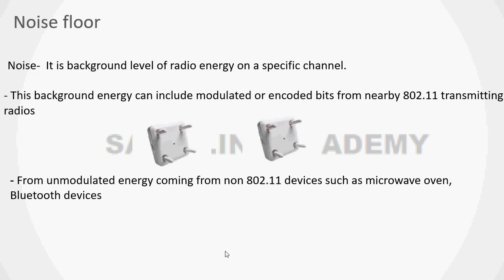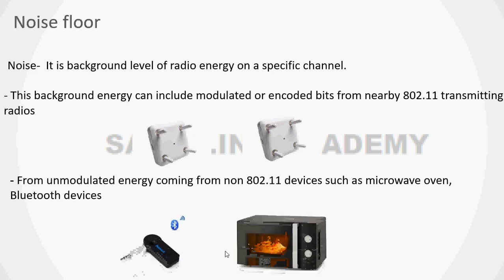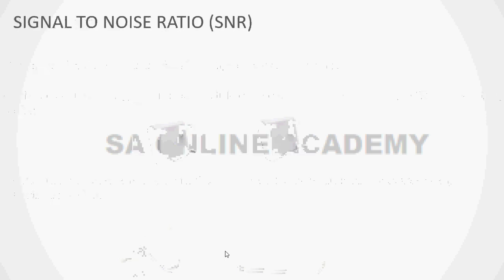So it generates background noise in our specific channel. So this is the noise floor. The noise floor itself is not that important, but it is important for understanding the signal to noise ratio and all these points.